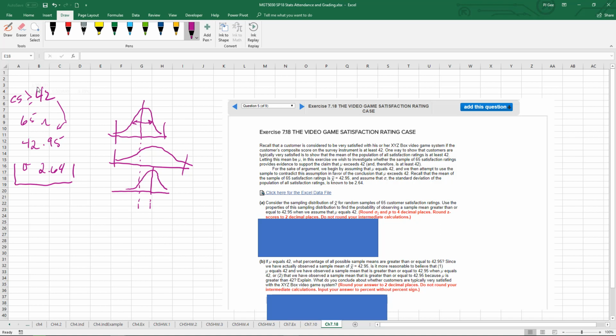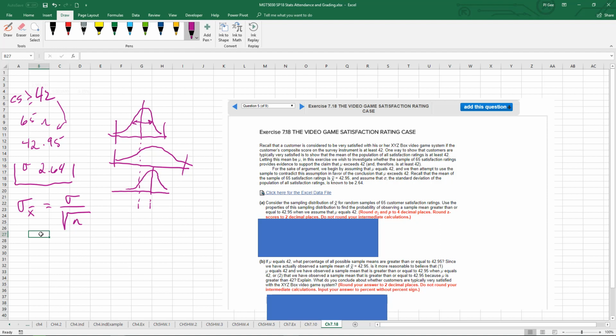How do we adjust for that? Well, we have the relationship where the spread of the sample mean is equal to that of the population over the square root of the number of observations, which was 65 up here. So let's do some calculations. This is a pretty straightforward solution.